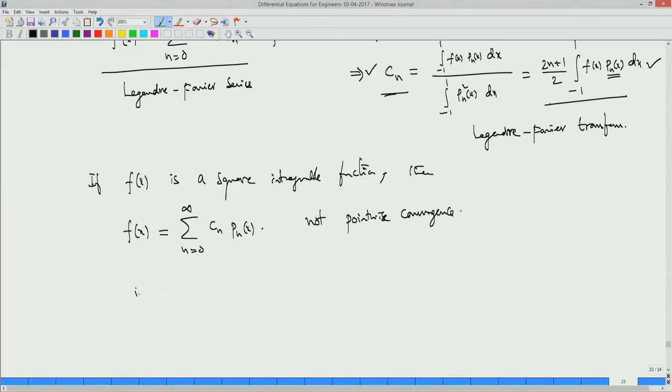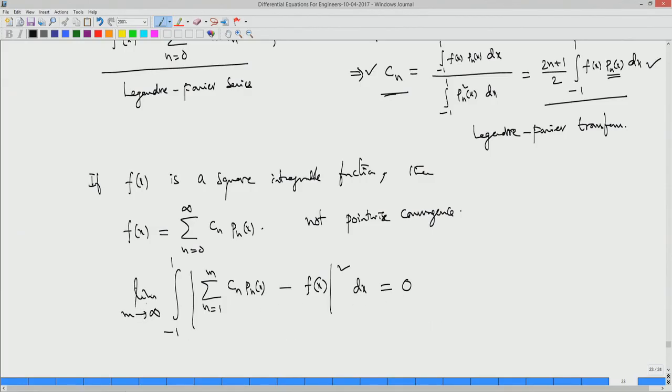That means this convergence means I take the sum for n from 1 to m of Cn Pn(x) minus f(x), and you integrate from minus 1 to 1 the square, dx, and this equals 0 when you take the limit as m goes to infinity.